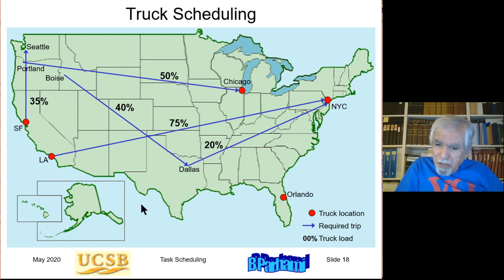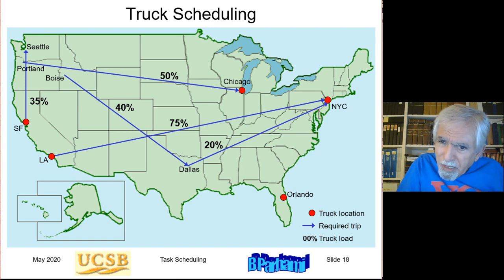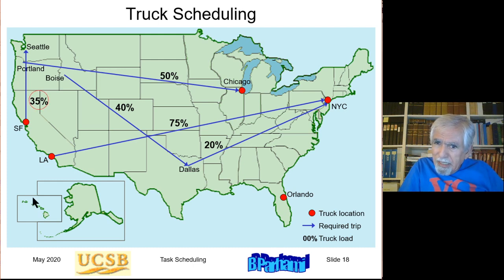So nowadays, the truck companies have programs, software that do the scheduling. But imagine we wanted to do this scheduling by hand and assign these shipments to the 5 trucks. It seems that the truck in Orlando is unlikely to be useful. So let's focus on the truck in San Francisco and the shipment from San Francisco to Seattle.